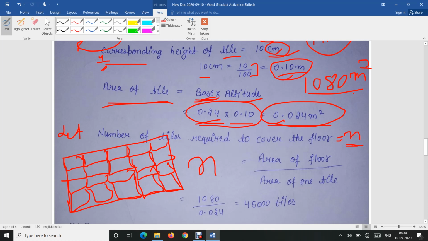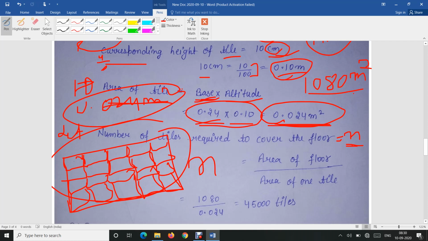So we have the area of the floor, but we don't know how many tiles will be required to cover that floor. For that we need to find the number of tiles. We are given the area of one tile, that is 0.024 meter square.